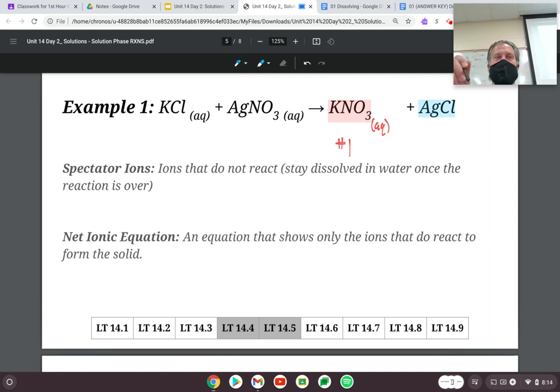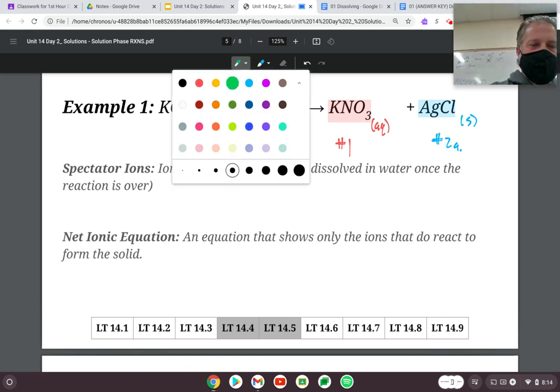And Ag is silver, so that makes this a solid because of rule number 2, and I'm going to put 2a, but rule number 2 is fine. So in this instance, this reaction does occur. So I'm going to write that.